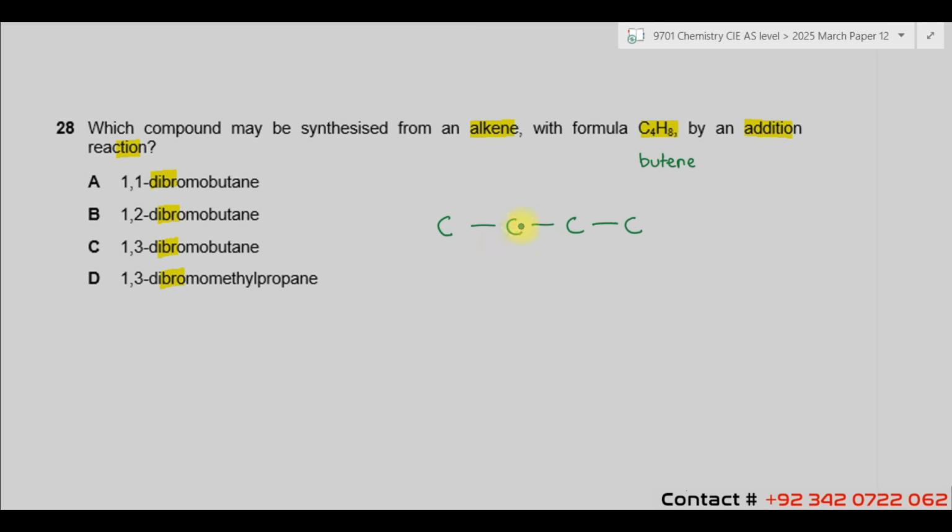In butene, the double bond can be between the first and second carbon, or the second and third carbon. You cannot make a bond between the third and fourth carbon because it is again similar to this one, as numbering will start from the right end. Rest are the number of hydrogens.